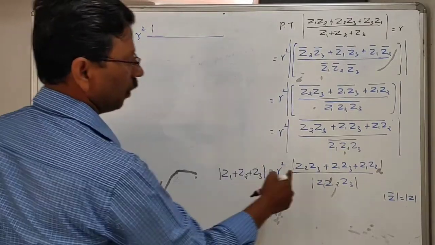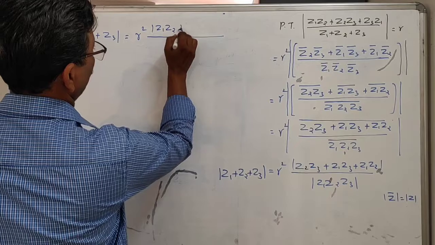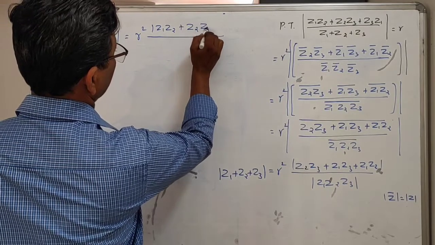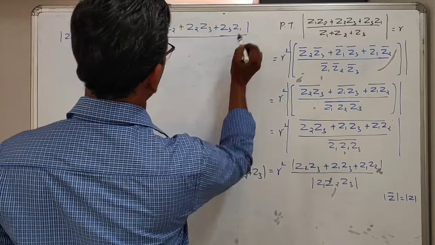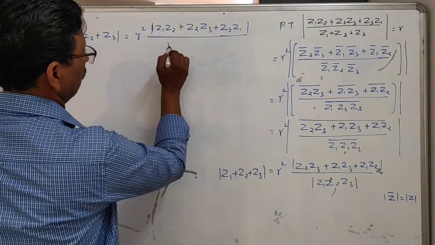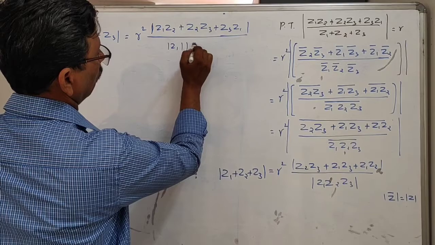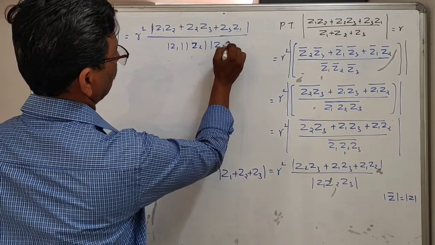is modulus of, this we can write in order, that is modulus Z1 Z2 plus Z2 Z3 plus Z3 Z1 by, see, modulus of these things can be written as modulus Z1 into modulus Z2 into modulus Z3.